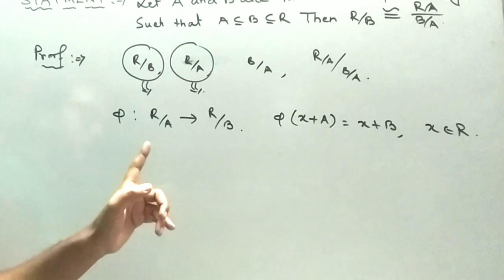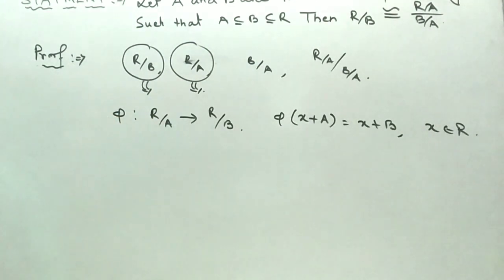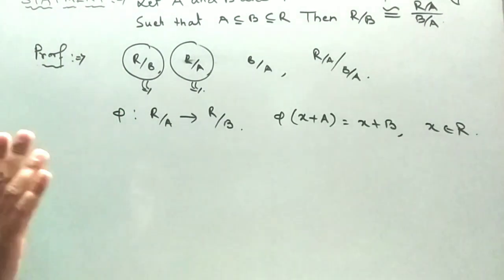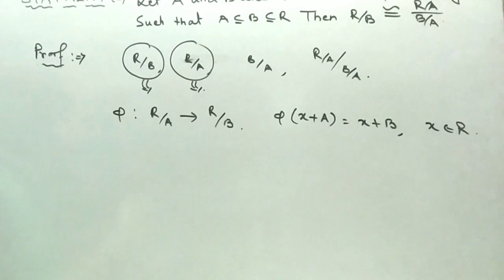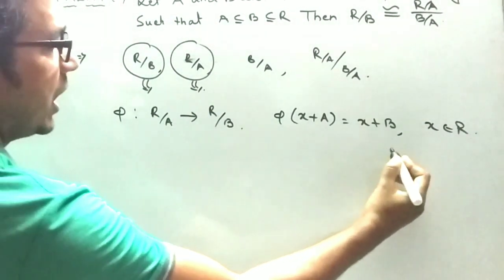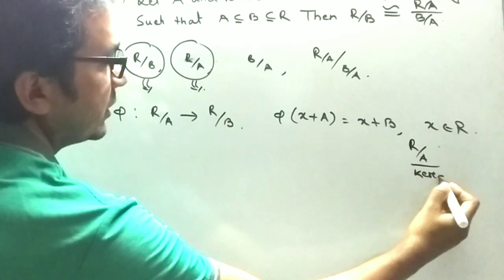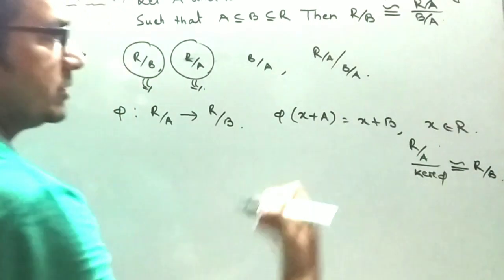If we prove the three conditions, then by using the fundamental theorem of ring homomorphism, that is by using the first isomorphism theorem of ring, we can write (R/A)/ker phi is isomorphic to R/B.